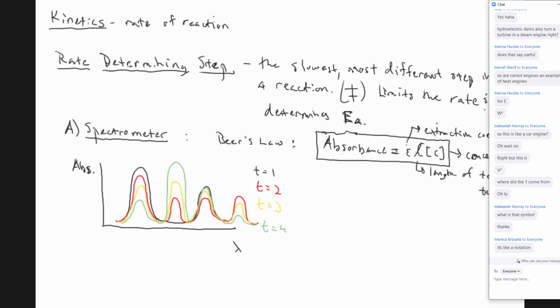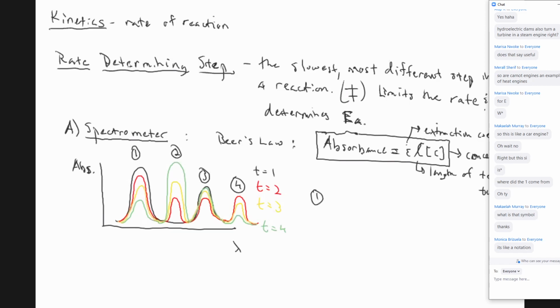So if we label these humps as hump 1, hump 2, hump 3, and hump 4, what do you think it is in a chemical reaction? So if the chemical is reacting and we've been taking different absorbances at different periods of time, what do you expect 1 to be? Molecule 1.